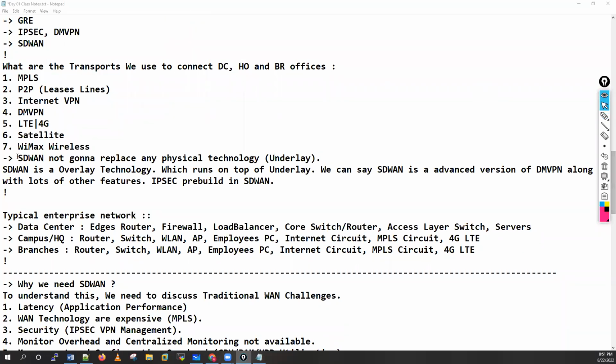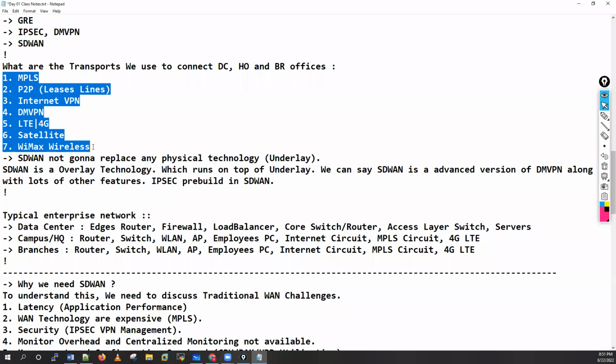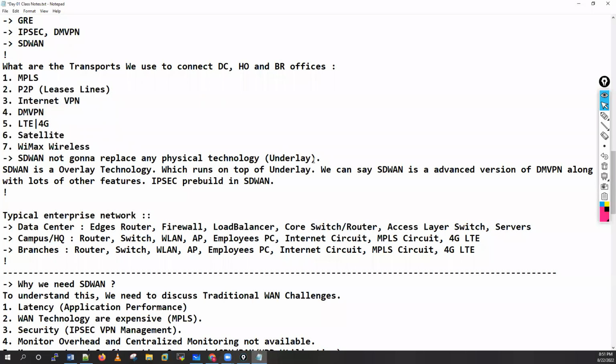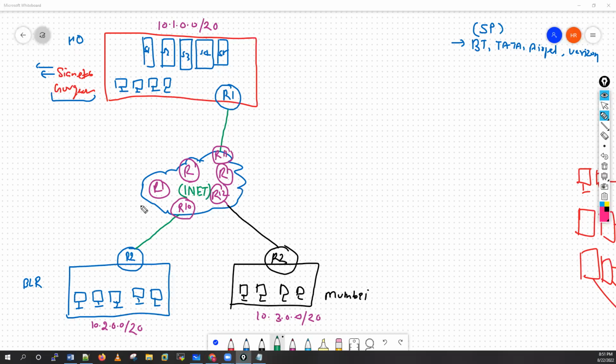So just remember, guys, your SD-WAN will not replace these physical technologies. This is known as your underlay technology. Underlay technology means we are sending routing information using these particular transports.